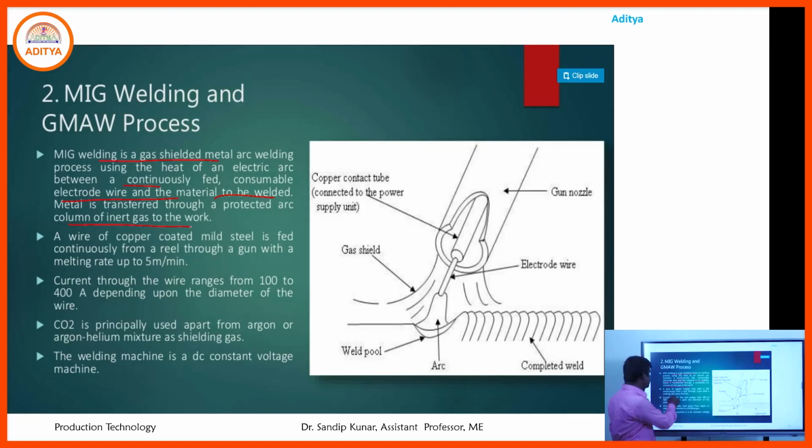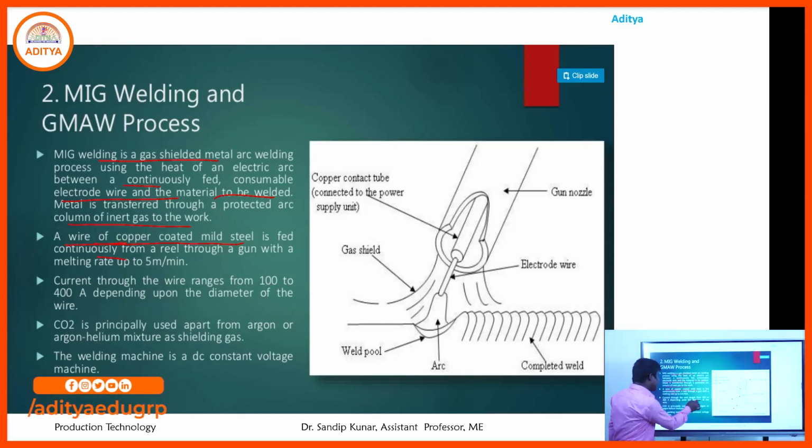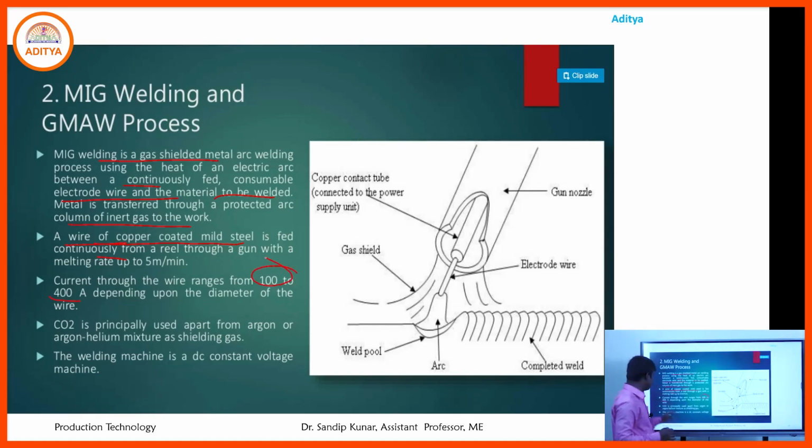Okay, generally here we use a wire coated electrode. Wire of copper coated mild steel is fed continuously from the wire reel, means it will act as a consumable electrode. Another, current near about 100 to 400 ampere is used, depending upon the diameter of the wire. Based on that we decide the current range.